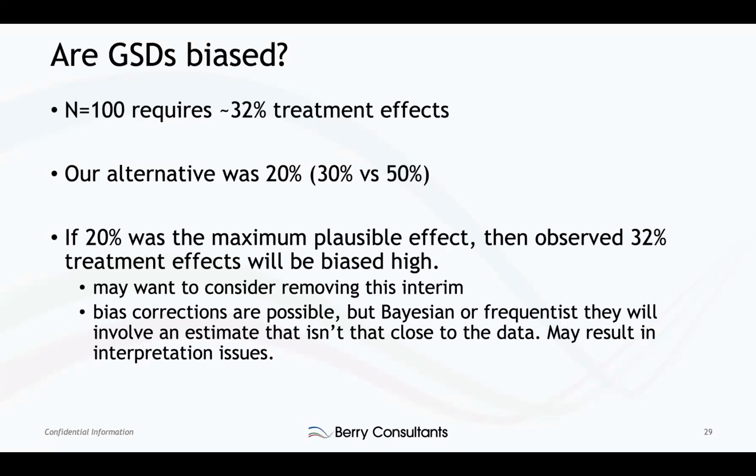You can, in theory, do some bias corrections, but what they're going to do is, if I think the 32% is implausible, I'm going to, for example, as a Bayesian, use a prior and shrink that back. I still find that a little unsatisfying. I am a Bayesian. Some people might not claim I am, but anyway, I would claim I'm a Bayesian.